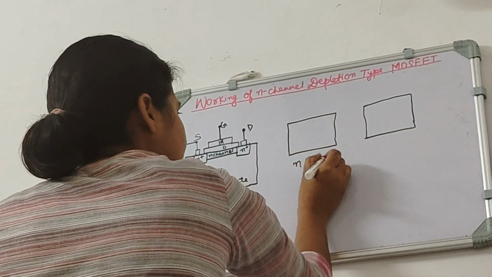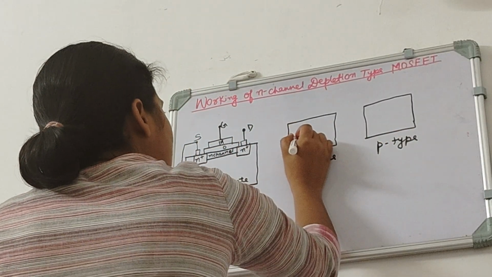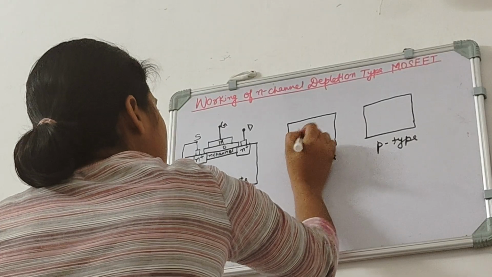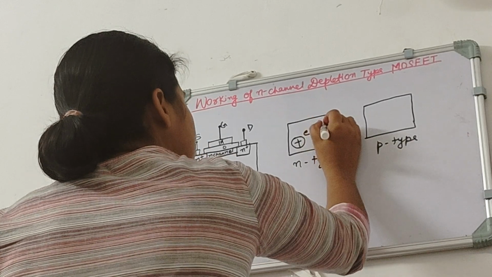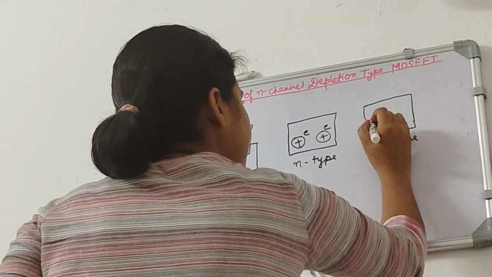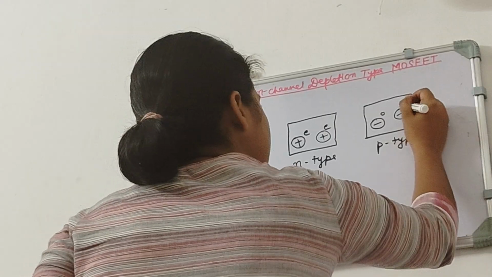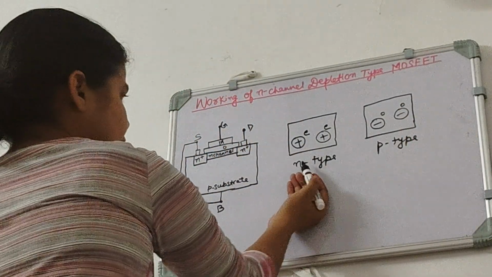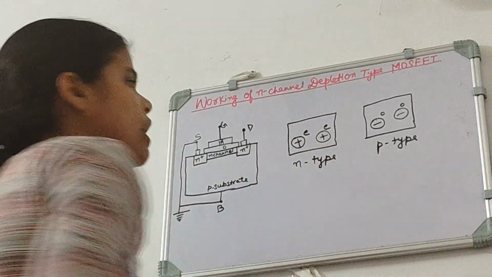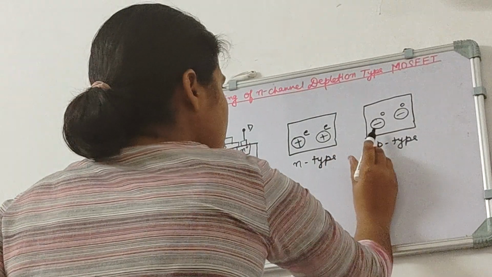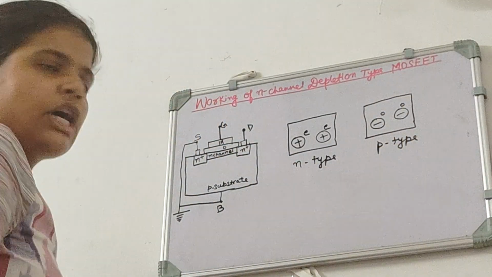In n-type material we have positive ions paired with electrons, and there will be many such pairs, and in p-type we have negative ions paired with holes, and there also will be many pairs. So this is our n-type, this is our p-type. Here positive ions are immobile ions and electrons are our charge carriers, and here negative ions are immobile ions and holes are our charge carriers in p-type.